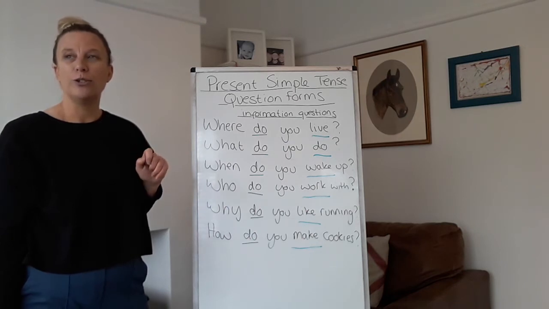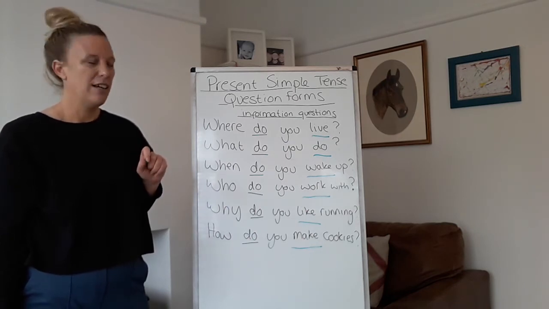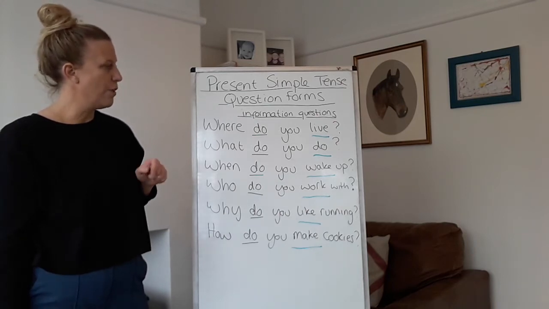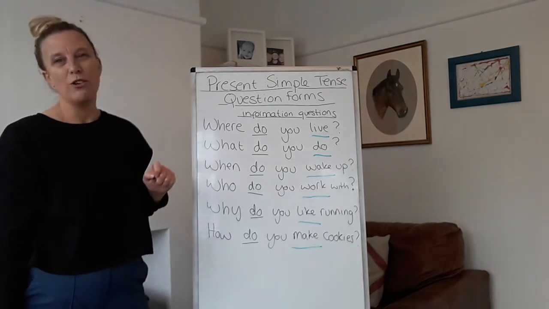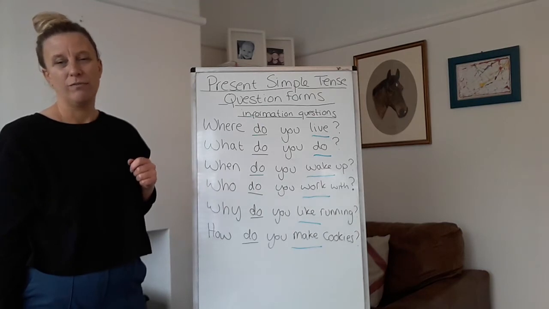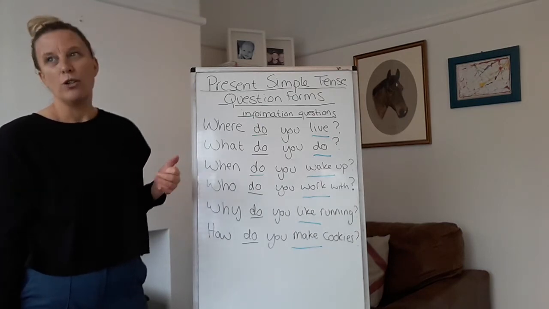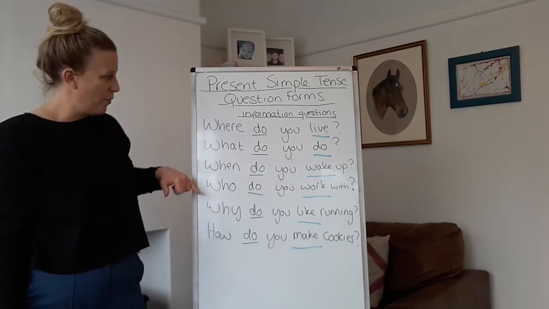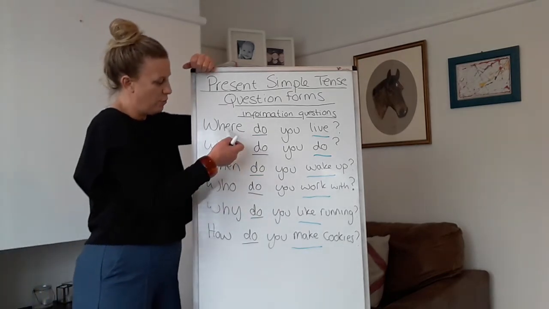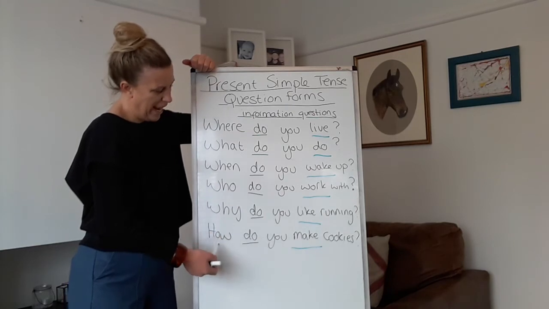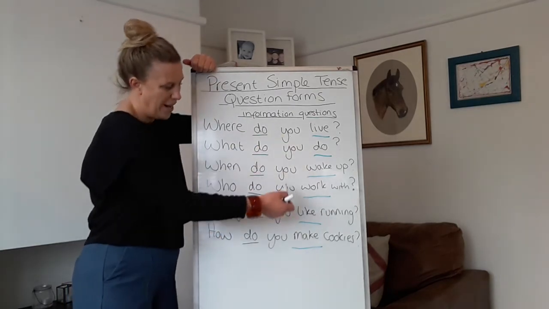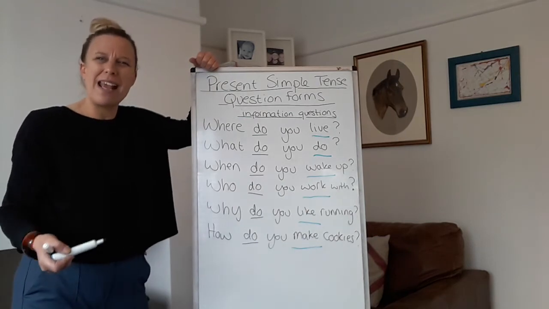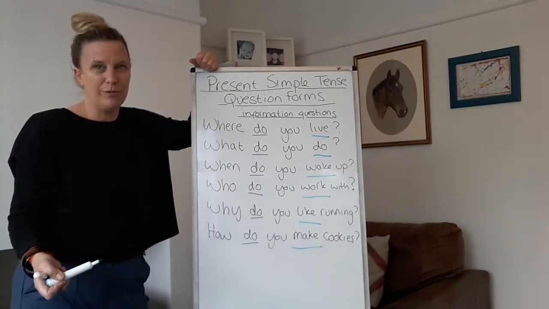What do you like doing? When do you go to bed? When do you cook tea? So information questions. Where, what, when, who, why, how, plus do, plus the subject, plus the infinitive form of the verb. That's how we make a question in general.